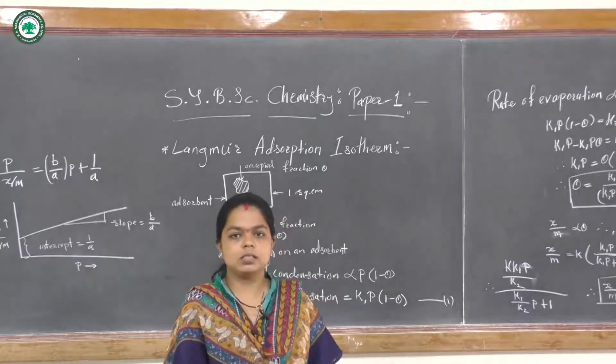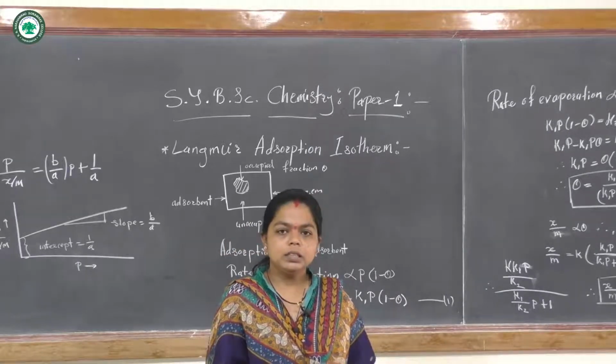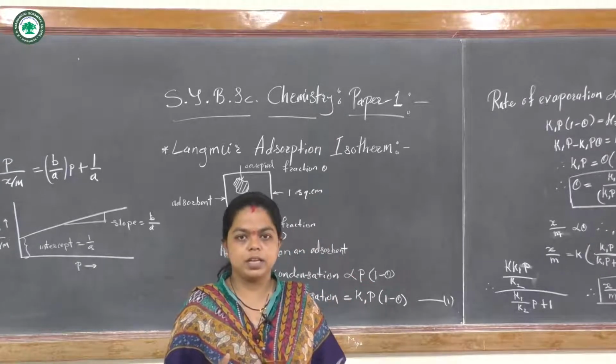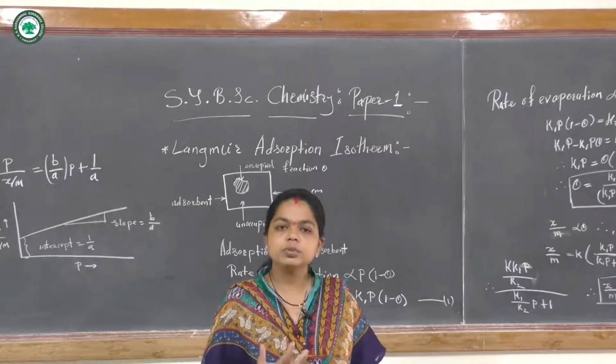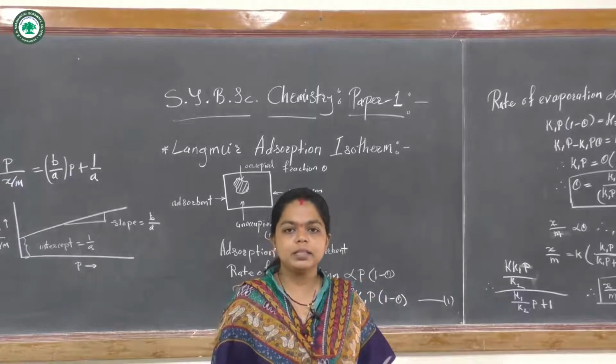In these assumptions he said that there are different spaces present on the surface area of the adsorbent material, and these are the active spaces for adsorption. These are called the elementary spaces.